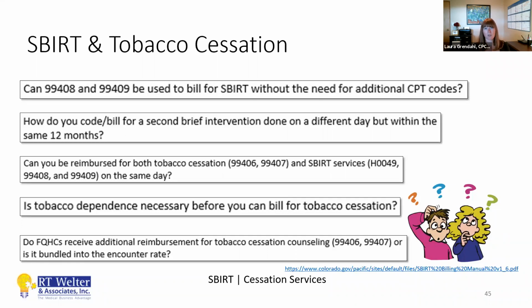I think of codes 99401 through 99404, where it's risk factor reduction, and maybe using those codes as opposed to a second brief intervention. I hear the word intervention and I think that's the first step: we have a problem, let's address it. And now that that problem has been established, it's no longer an intervention, now it's counseling. So if anybody has some thoughts on that, I'd love to discuss and hear some feedback.